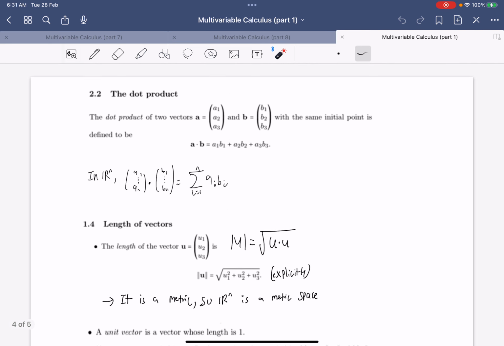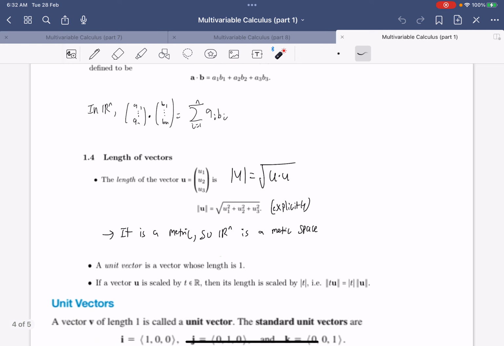And after you define what a dot product is, we can define the length of u to equal the square root of the dot product of itself with itself. The reason for that is because it follows the distance formula that we want.